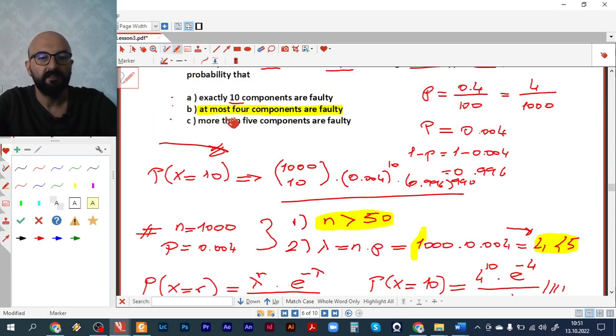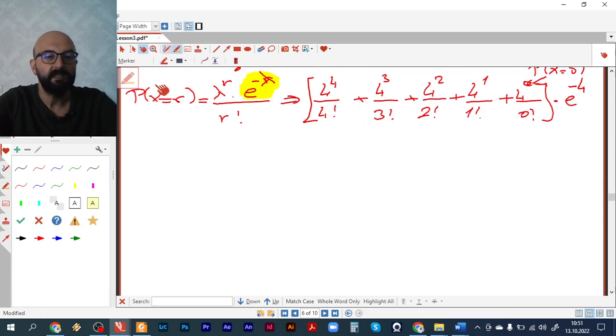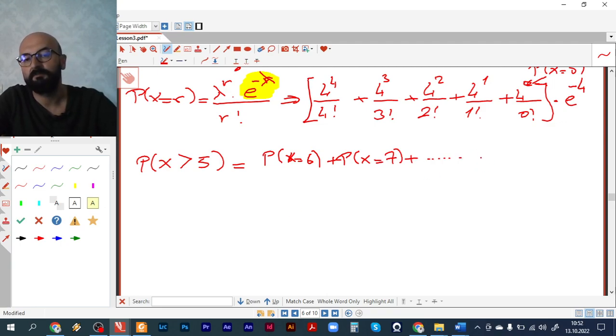And the last one, more than 5 components are faulty. More than 5 components are faulty means the probability of x greater than 5, which means the probability of 6 plus the probability of 7 and go on to infinity.